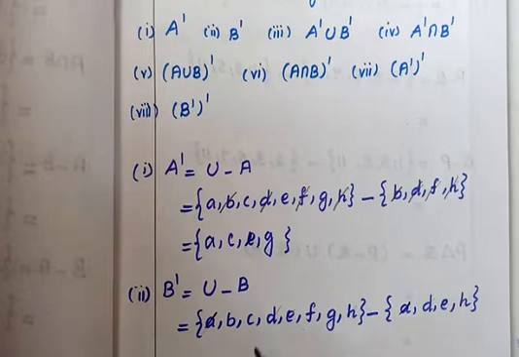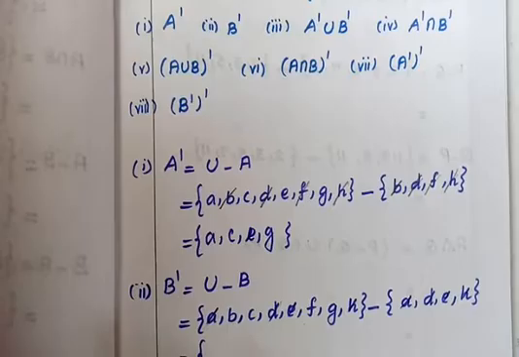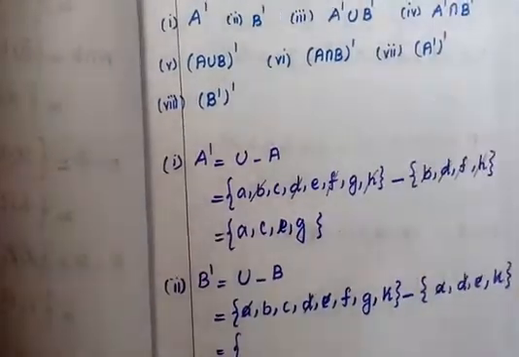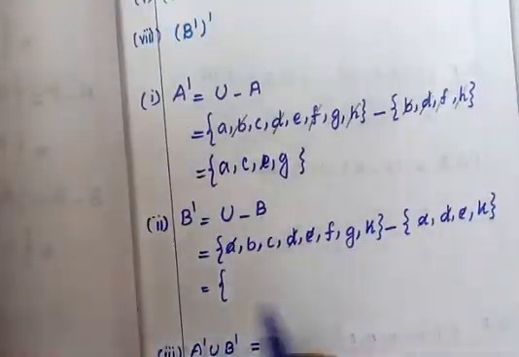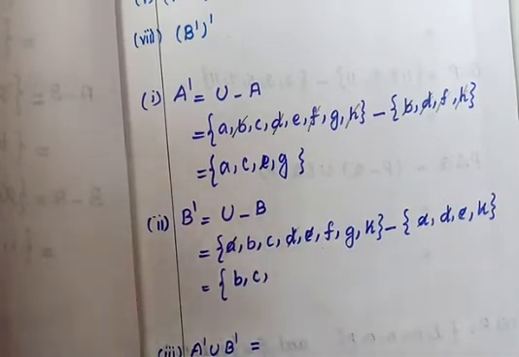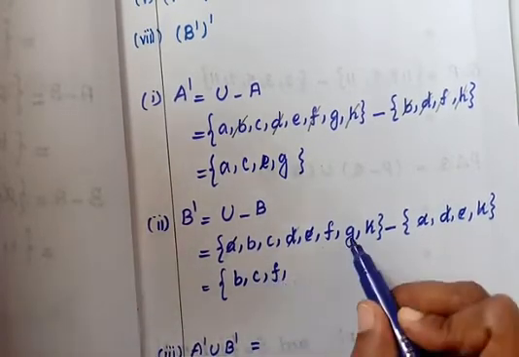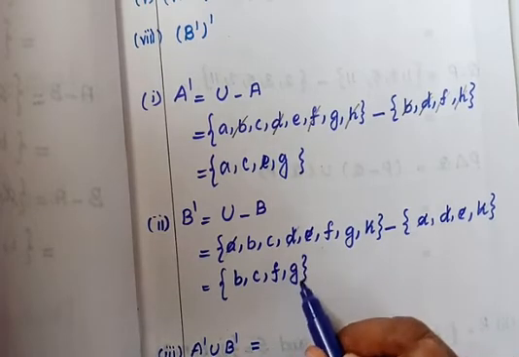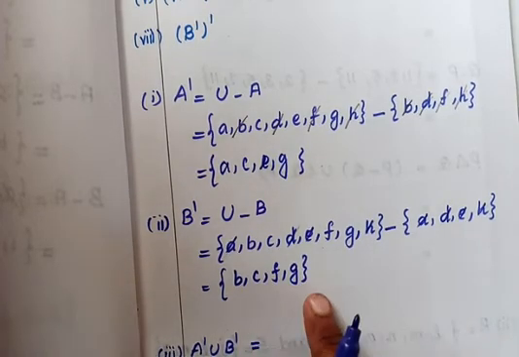A, then D, then E, then H. So what are the elements in the first set? B, C, F, then G. B, C, F, G.